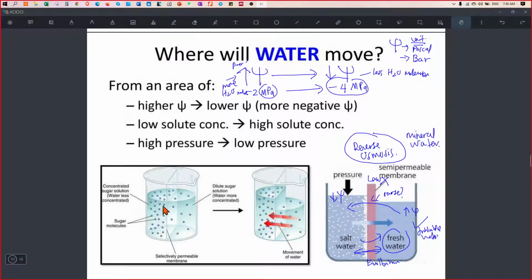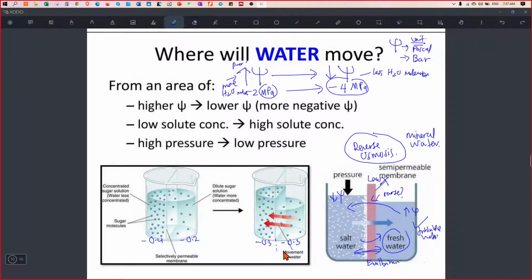If the water potential here is minus 0.2, and this is minus 0.4, after the movement, maybe both of them will have something like minus 0.3.